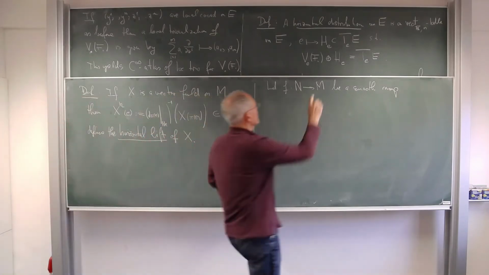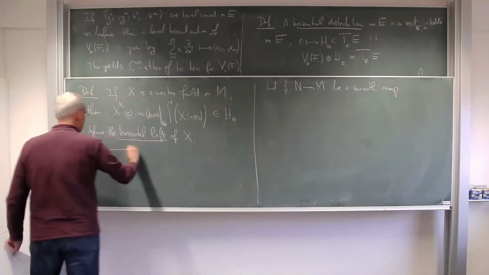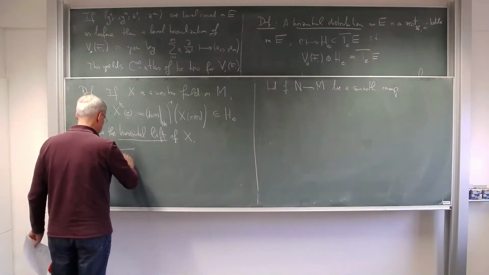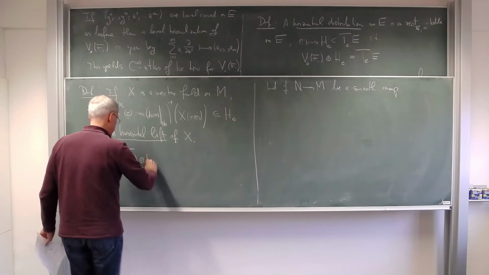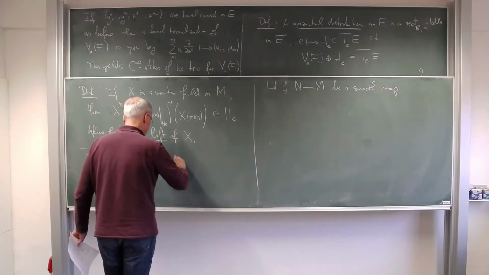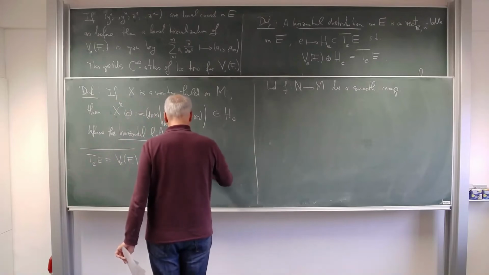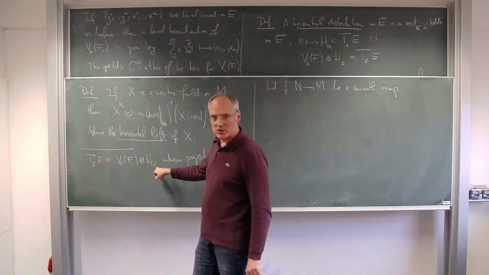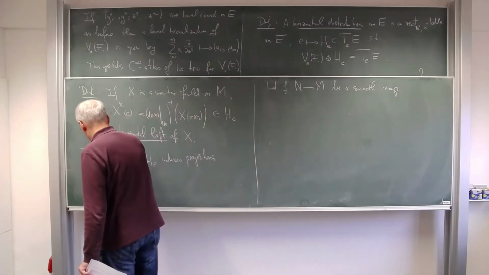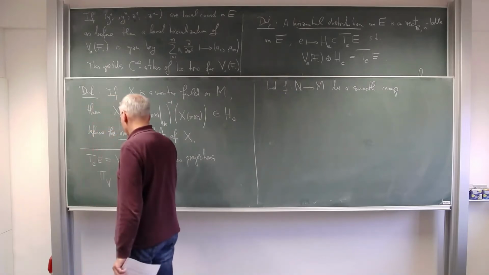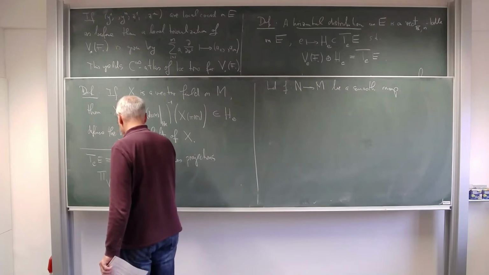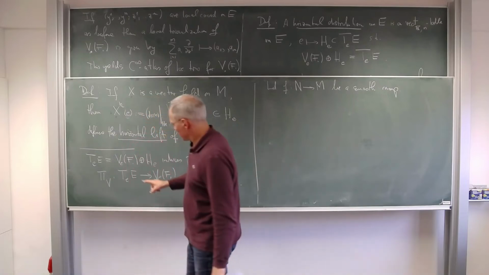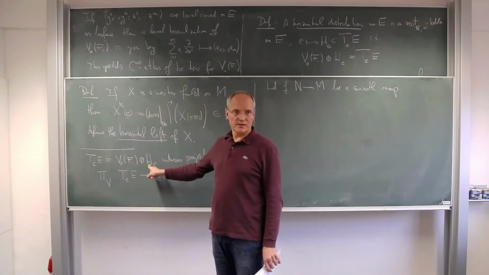In order to write down the construction in a simple manner, maybe I introduce notation for the projections that come with such a splitting. So the splitting of T_E as a vertical subspace plus horizontal subspace induces two projections. The projection onto the vertical part, and the projection onto the horizontal part. So π_E^v is the projection on the vertical part, and this projection has the horizontal vectors as its kernel.